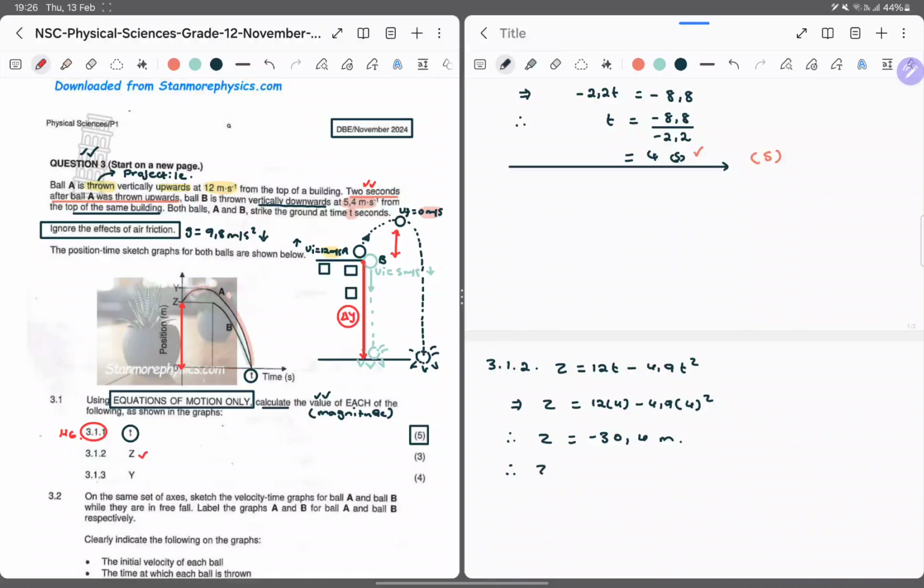Right? Therefore, remember, all that was needed was just the magnitude, so we can write it as positive 30,4 meters. As much as we know it's a displacement, the negative sign only explains the fact that this ball was being displaced downwards, but now its displacement is exactly the height of this building.